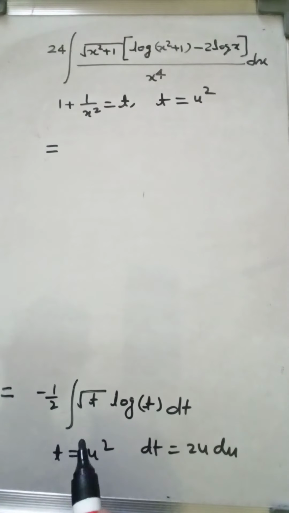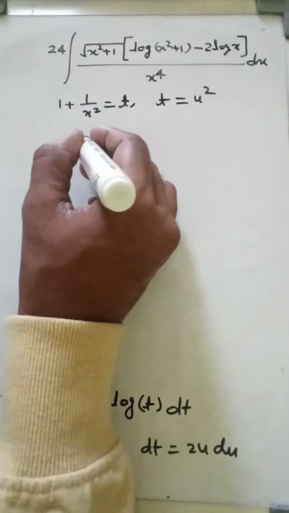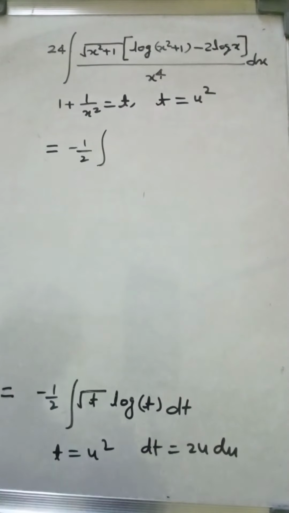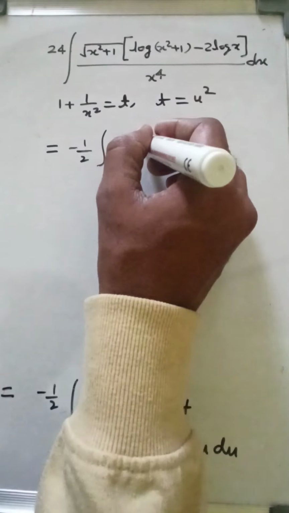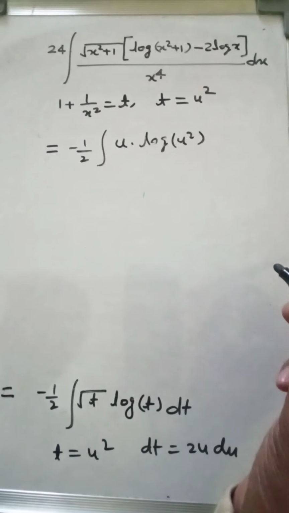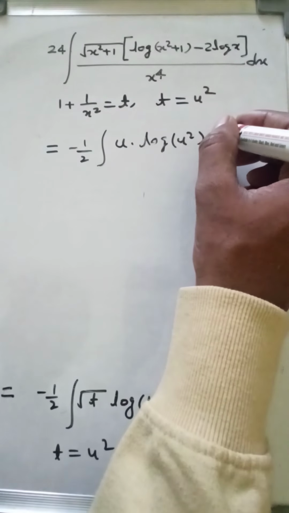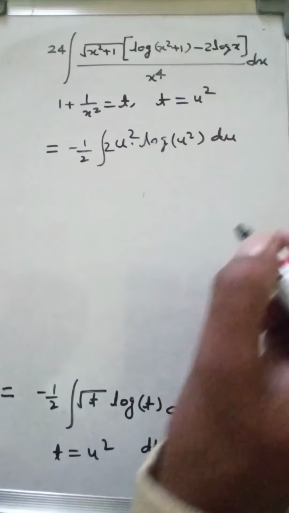So this integration can be written as minus 1 by 2 times, root t is u, into log of u square, and dt is 2u du, so 2 times u square into du.